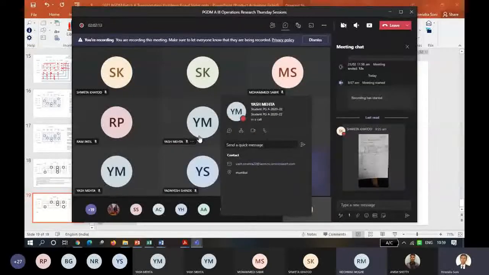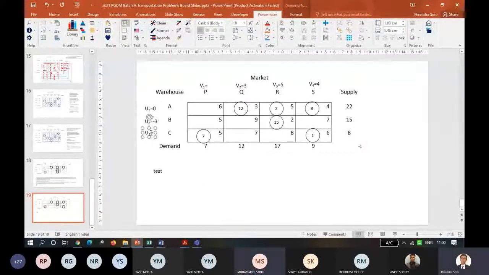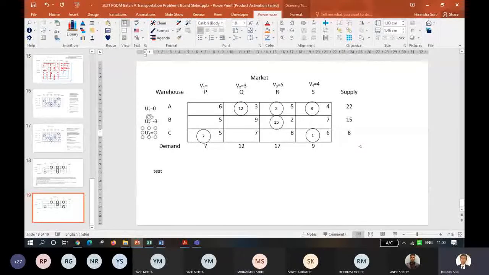Now, Mohammadi Sabir, you will help me with values for U2 and U3. Sir, U2 is -3. What about U3? U3 would be 2. यहाँ पर से हम डायरेक्ट सीधा U2 कैलकुलेट कर सकते हैं क्या? हाँ, 6 minus 4.